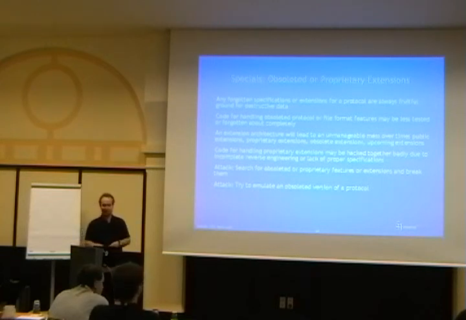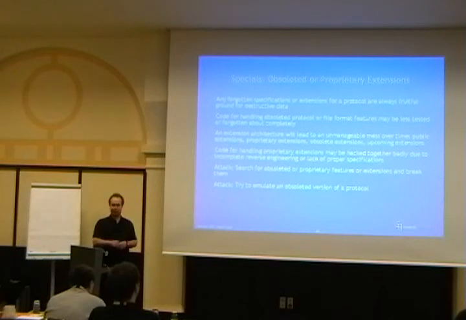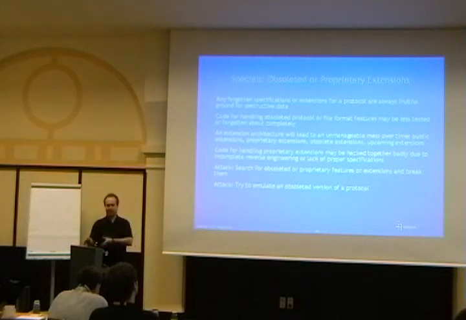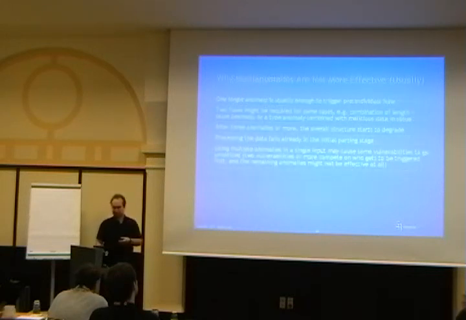If somebody has not had full access to the specifications for these proprietary extensions, it's very likely that the code is just a half-assed attempt at understanding the proprietary format. So you should always try to look for any obsoleted protocol features or file format features and try to break those things as well. Or try to emulate some version of the protocol that is obsoleted.